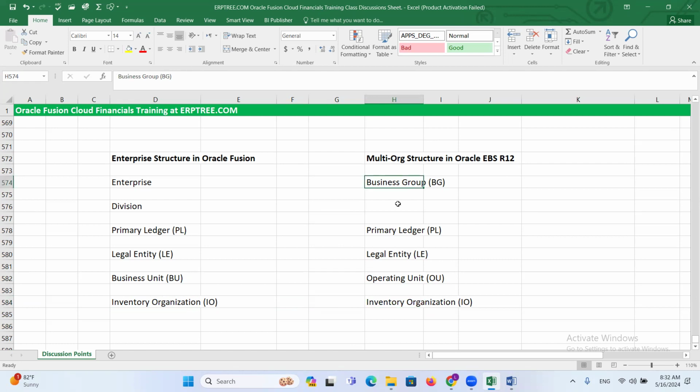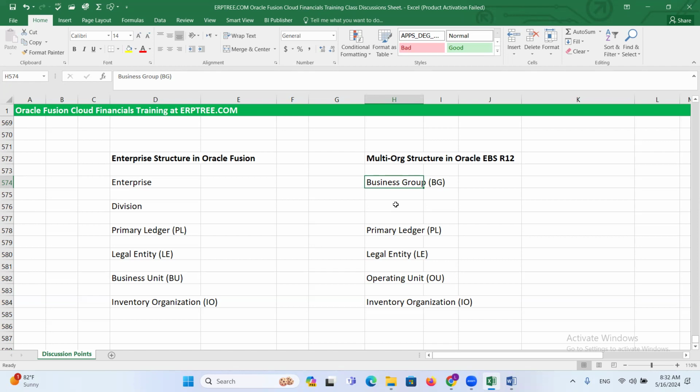In EBS, you can create n number of business groups. For each country, you can create one business group and maintain the employees' information. But in Fusion, you can create only one enterprise. What is equivalent to the business group in EBS?